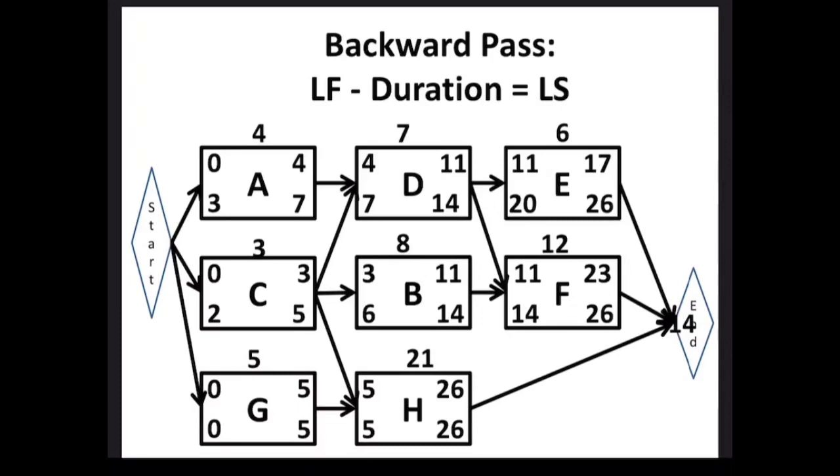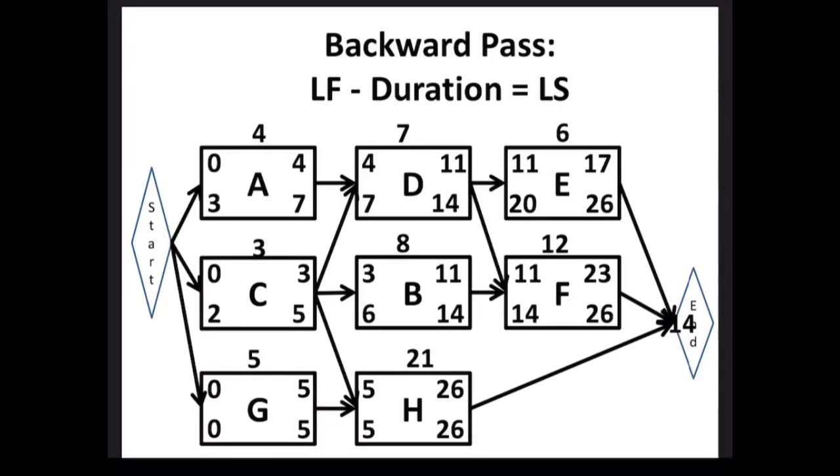Okay, let's now look at activity B, as in Bravo. The only activity that B is a predecessor for is F, as in Frank. Going backwards, we have 14, so we put 14 in the bottom right corner, which is the late finish.